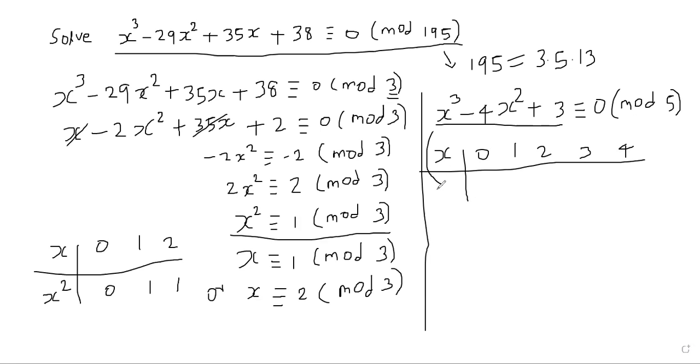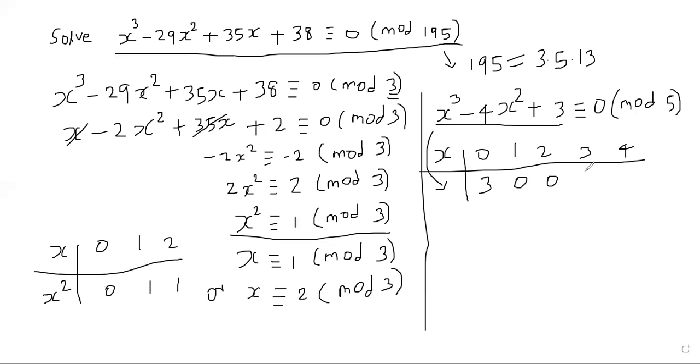When you put x equal to 0, you get 3. x equal to 1, you get 0. x is equal to 2: 2 cubed is 8, 8 plus 3 is 11, 11 plus 2 times 2 times 2 is 8, so 16... When you put x equal to 2 here, it's minus 8 plus 3, which is minus 5, which is nothing but 0 in mod 5.